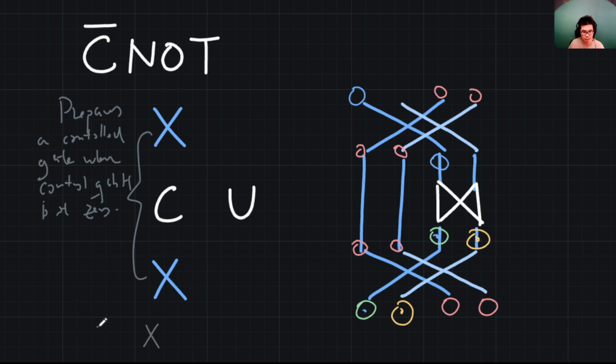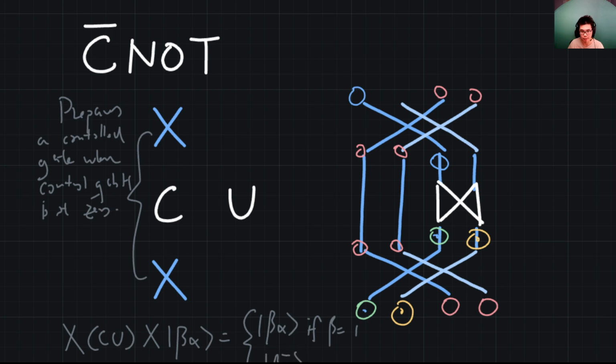So X, CU, X of beta alpha is equal to this. It's going to be U beta alpha if beta is equal to 1, and then beta not alpha if beta is equal to 0.